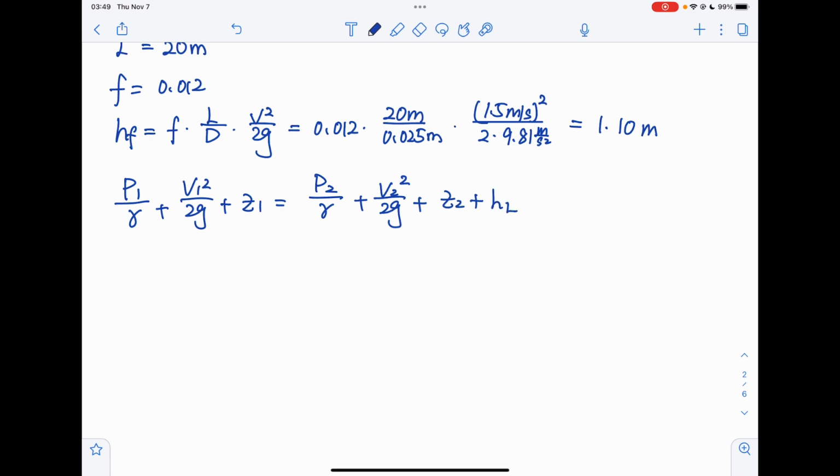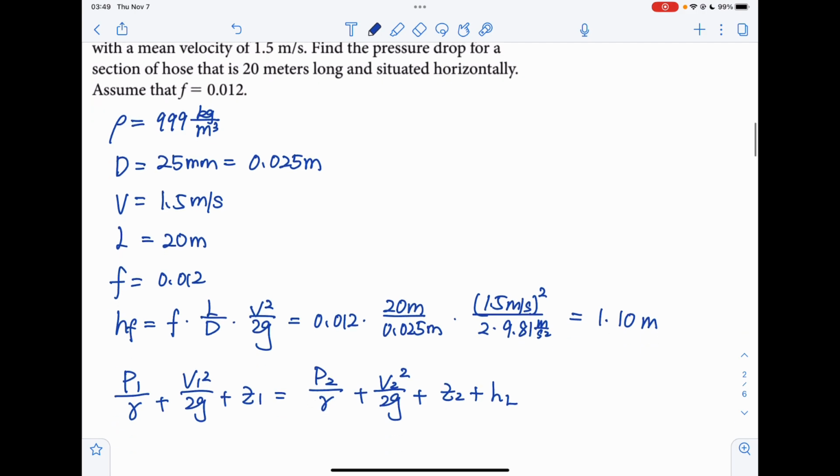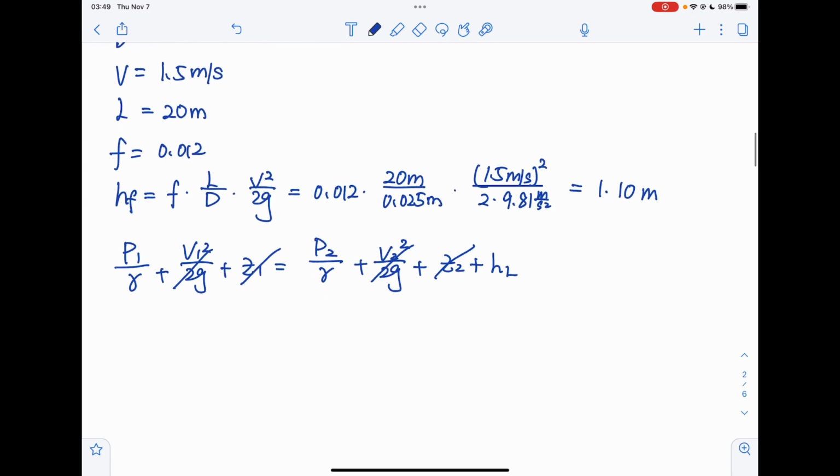Because the entire hose is situated horizontally, the Z should be the same, so we can cancel it out. The velocity should be constant, so the velocity heads also cancel each other out, and we will only have the pressure term and the friction losses.